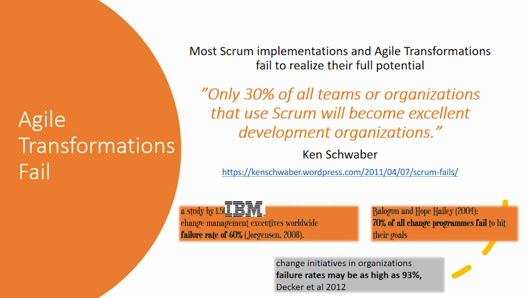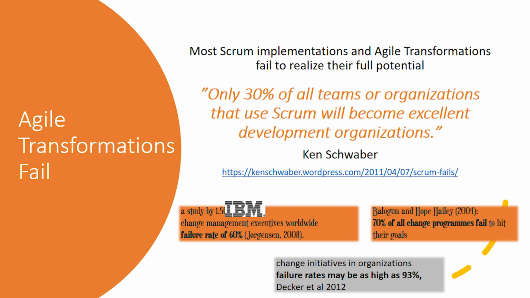And there are different sources stating different percentages of failing Agile and other organizational transformations. So we see numbers as high as 60, 70, 90% of failed transformations.